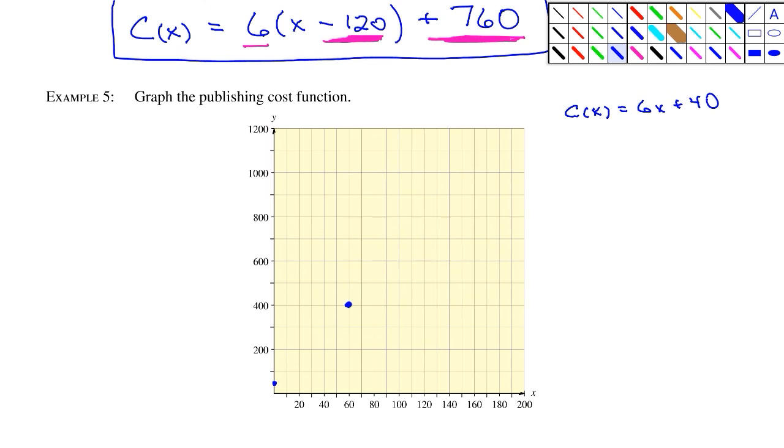And then 120 and 760. About right there. And there you go. There's your cost function.